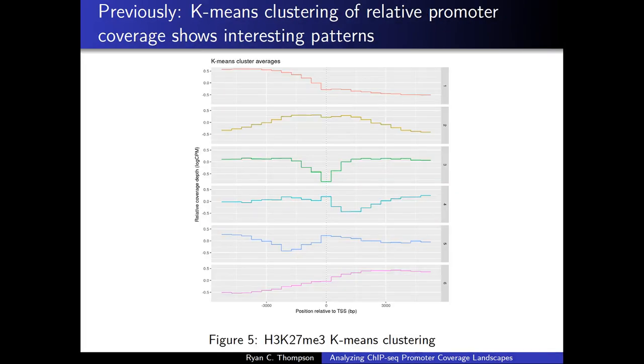So this was the one plot that I showed previously, where on the x-axis we have the position relative to the TSS. So this is those 21 windows, each 500 base pairs long, so we're going roughly from 5 kb upstream to 5 kb downstream. And I did k-means clustering of the data after centering it at 0. So I'm subtracting out absolute differences in promoter coverage and only looking at relative differences across the windows.